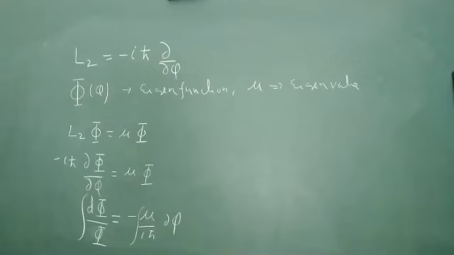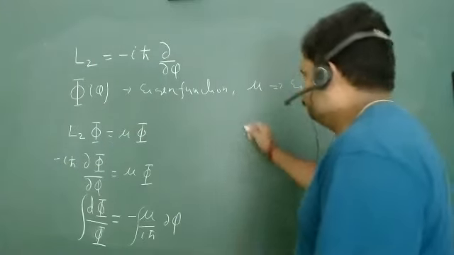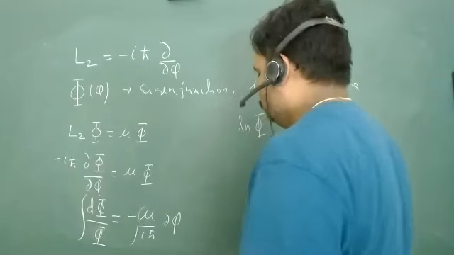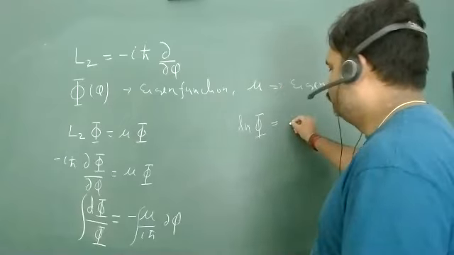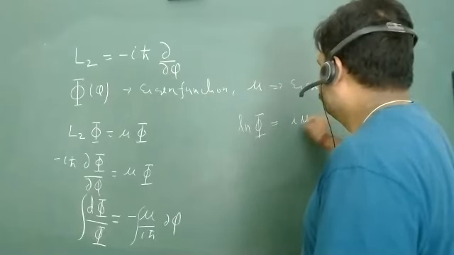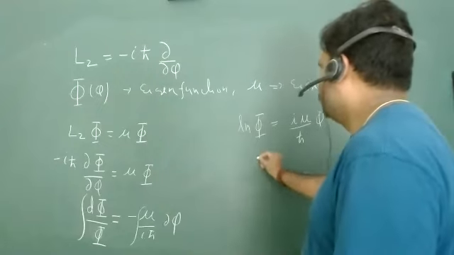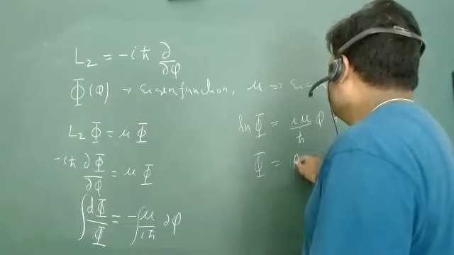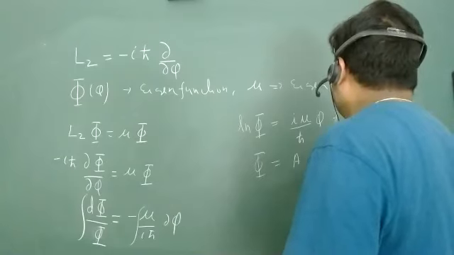You can just go for integration and you get ln phi equal to, I will take the i above, i mu upon h cut phi plus some constant. This constant can be written in terms of ln. So I can write phi as a e to the power i mu phi upon h cut.